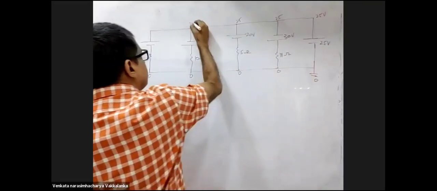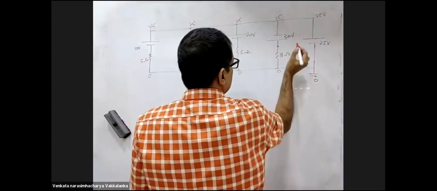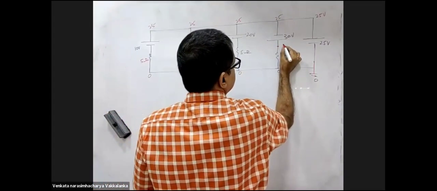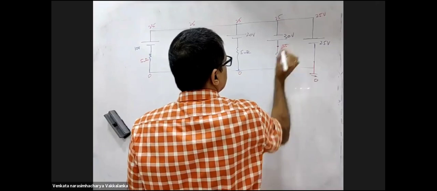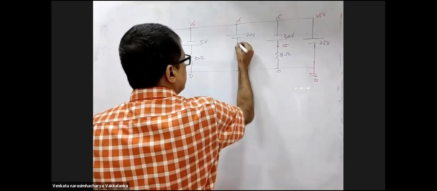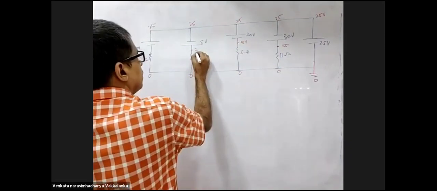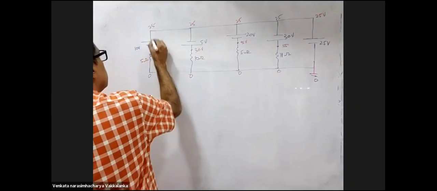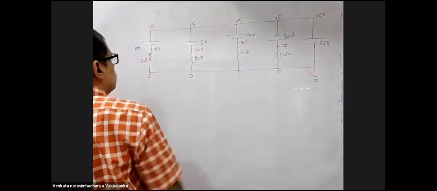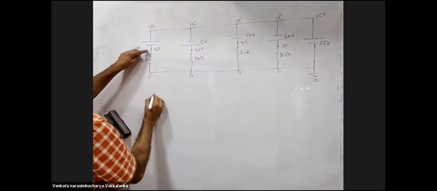If this is 25, what will be the potential here? 55 volts. Yes, sir. If this is 25, what will be the potential here? 5 volts. 30 volts. This is 15 volts.